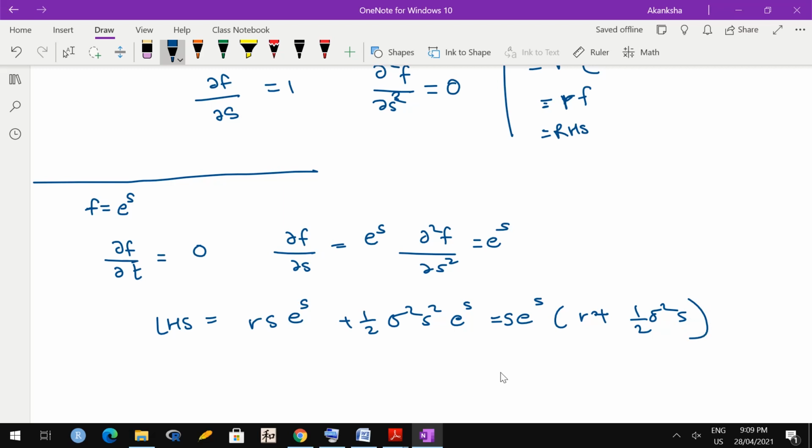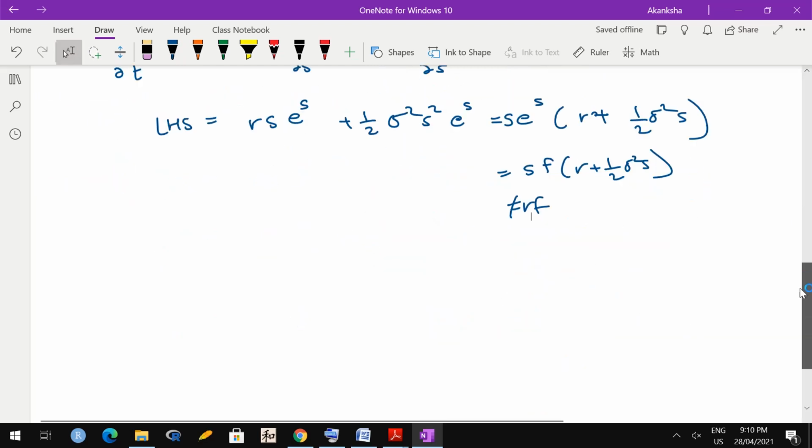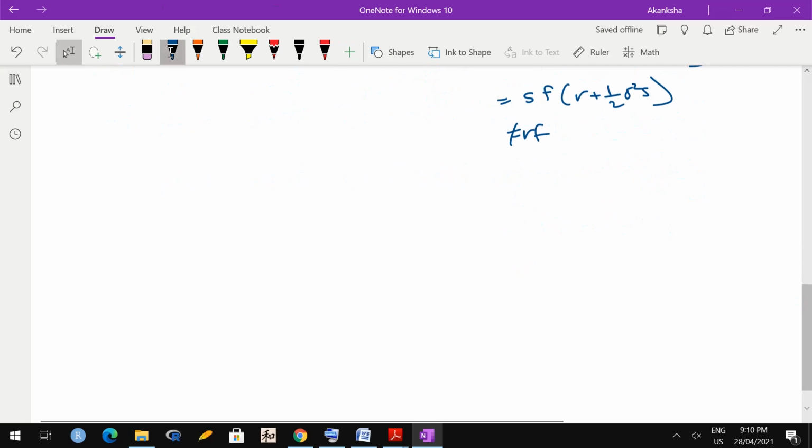So I can write e raised to S as f, so it becomes S f (r plus half sigma square S). No further simplification is possible, so this is not equal to rf. So this is not a tradable derivative. This derivative cannot be traded in the market without creating arbitrage opportunity. Okay, let us take one more example.